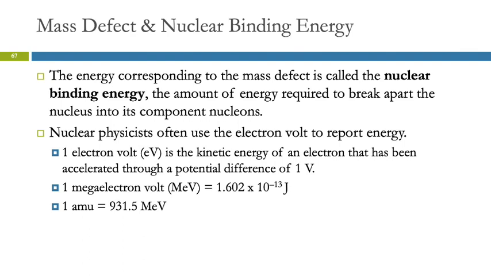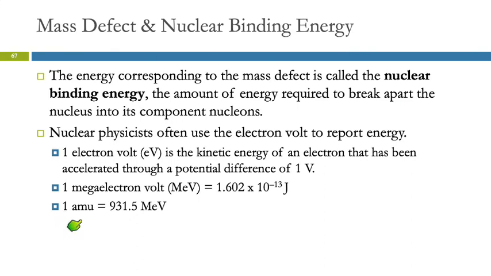So an electron volt is the kinetic energy of an electron accelerated through a potential difference of 1 volt. So a mega electron volt, capital M mega prefix, is 1.6 times 10 to the minus 13 joules. Right? So a very small amount.